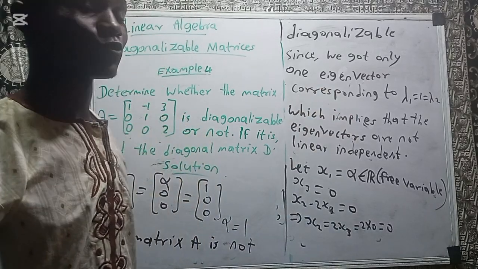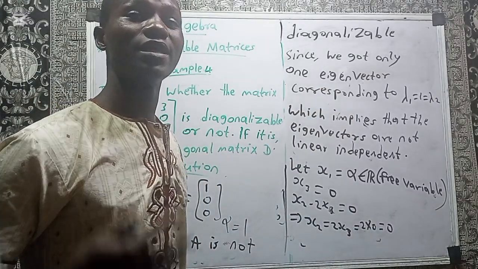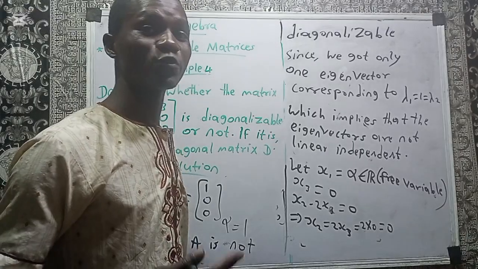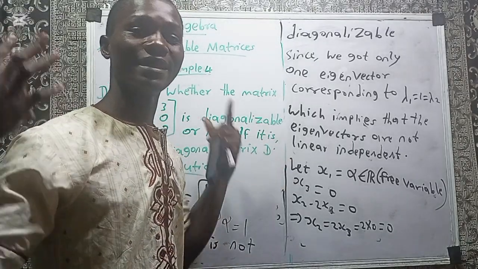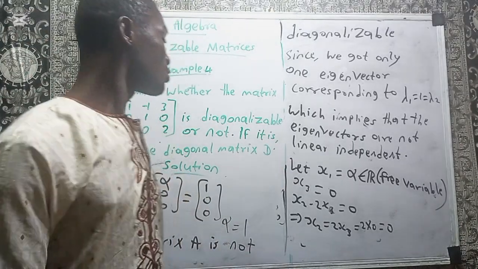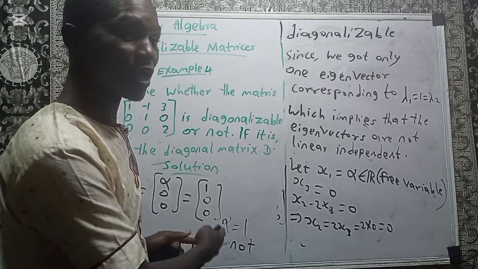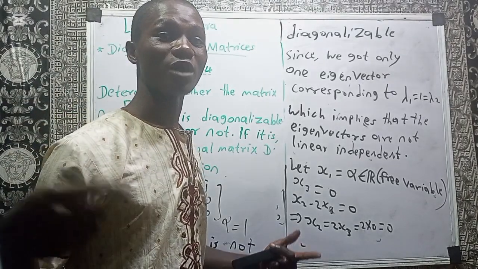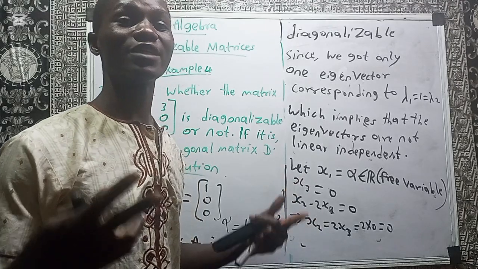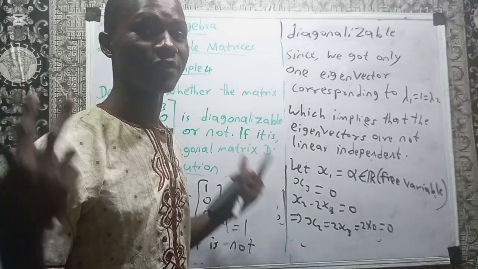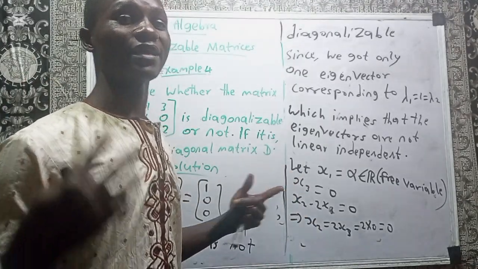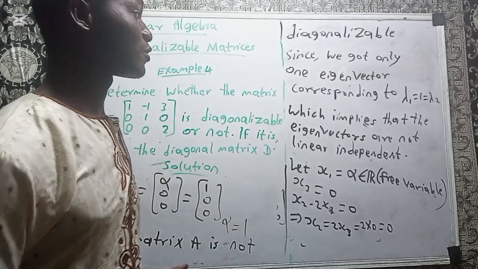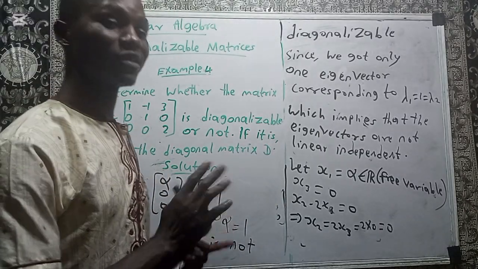Then when you compute for lambda 3, you also get another eigenvector. So altogether you're supposed to get 3 linearly independent eigenvectors. But we only got one for lambda 1 and lambda 2, and for lambda 3 we get another one. So altogether you only get 2 eigenvectors instead of 3 linearly independent eigenvectors. So this matrix is not diagonalizable.